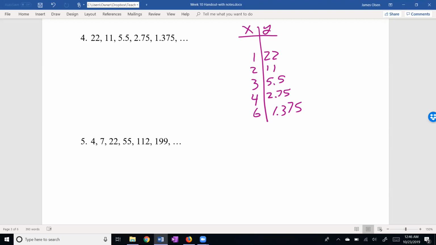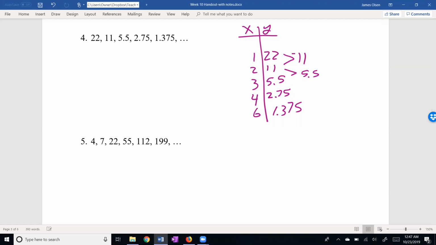Looking at our differences, we have a difference of 11, a difference of 5.5, and I think I better do these on a calculator. Actually, I made a mistake here. You want to take the second number minus the first number.